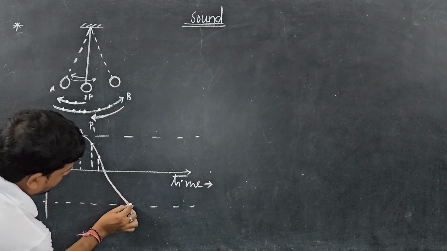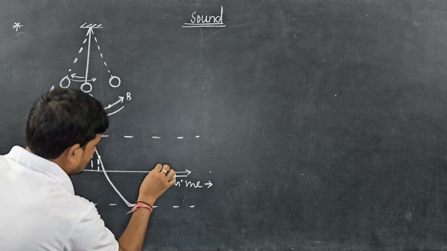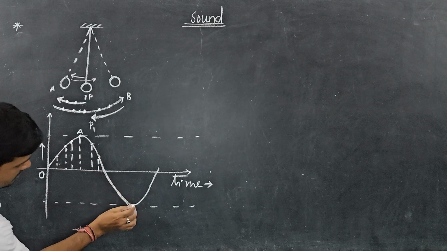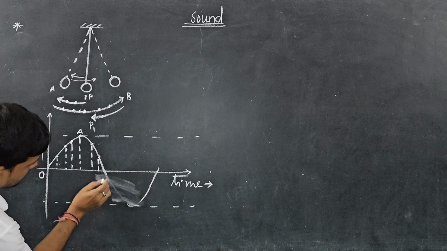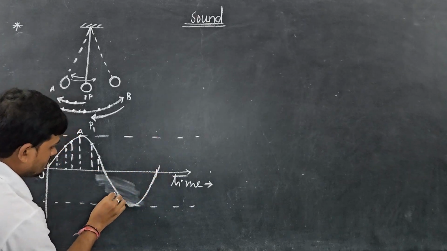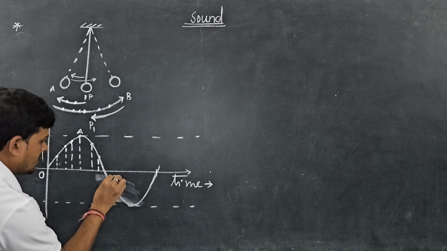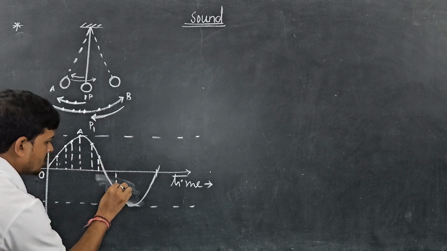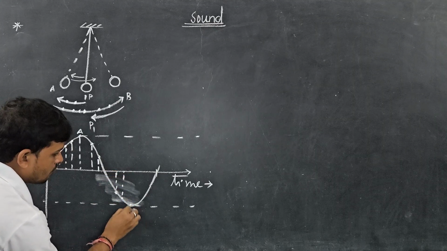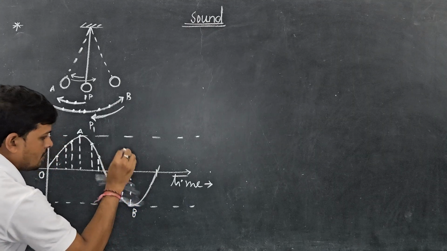Now we can graphically plot this. The motion of the simple pendulum can be graphically plotted as the displacement-time graph of a pendulum. Gradually the displacement increases when the pendulum moves towards the extreme right position, and when it reaches the position B, that will be the maximum displacement.